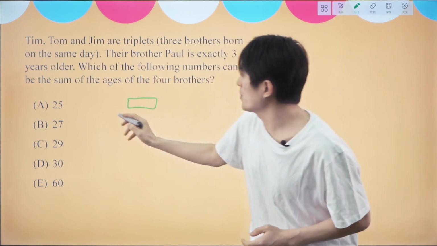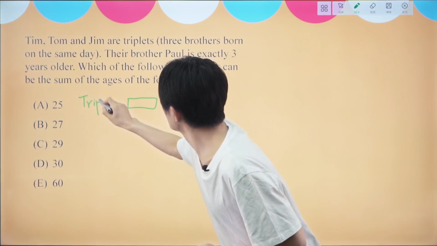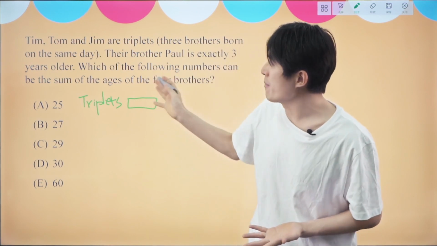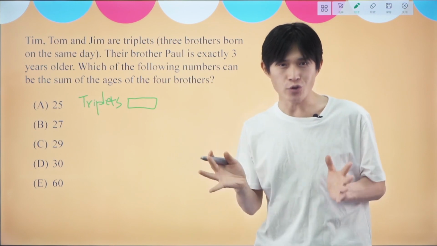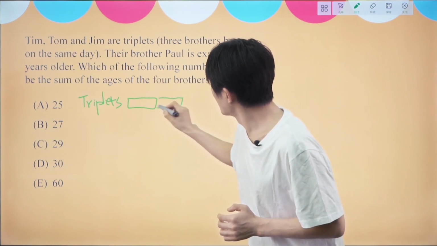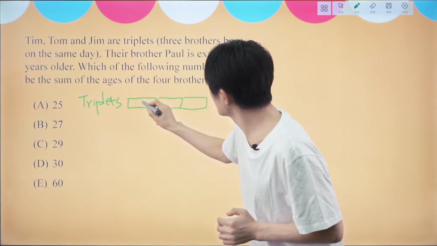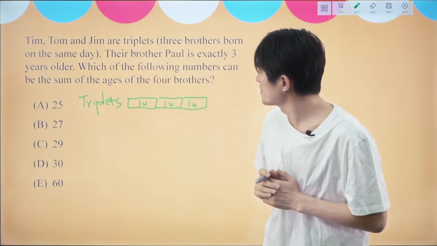And we can write triplets here. That means we add them up. Tom's age is 1 unit. Jim's age is also 1 unit. So we have another unit and another unit. So we have 3 units.